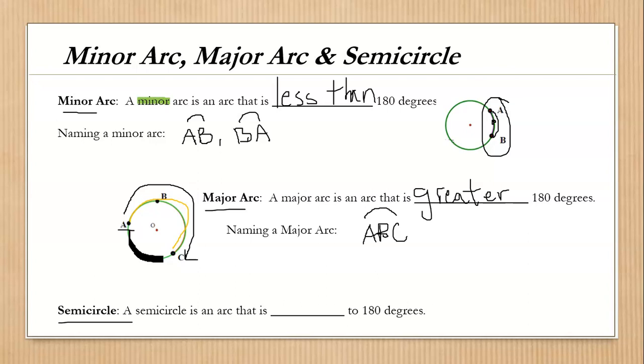It just helps the reader differentiate the two. So if you say arc AC, I know you're talking about this minor arc AC here, this black one, versus this one, AC. So that's why we're going to use that 3rd letter in there, B, to name that major arc. A semicircle is an arc that is equal to 180 degrees.